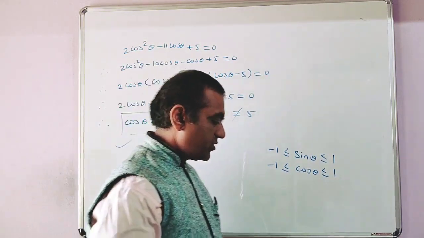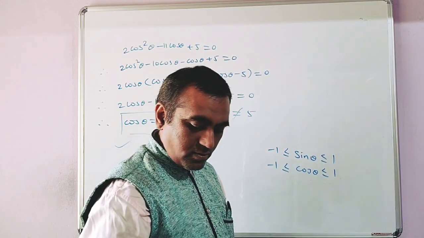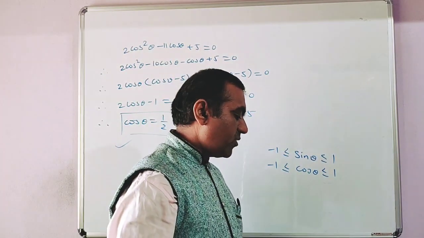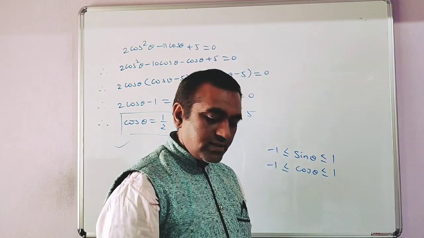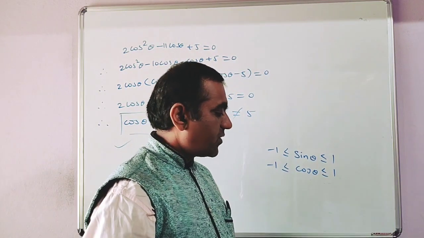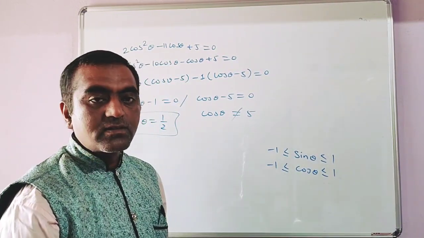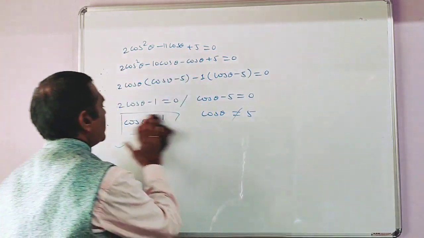Like this you have to use the method of quadratic equation or the factorization method to solve this type of trigonometric functions. This is the basic for you: how to use quadratic equation and Pythagoras theorem to solve trigonometric functions.